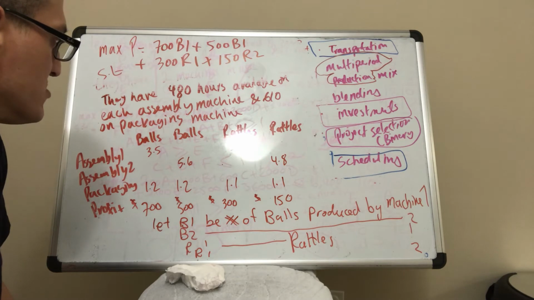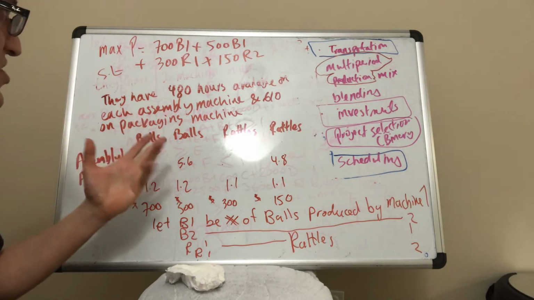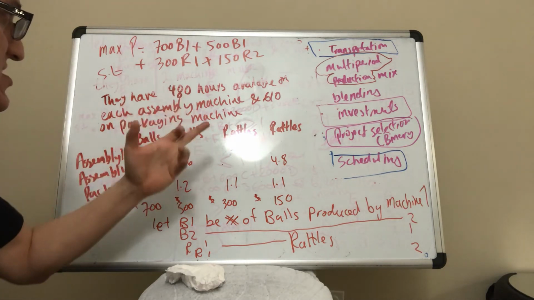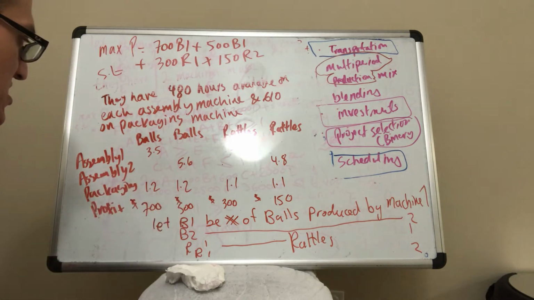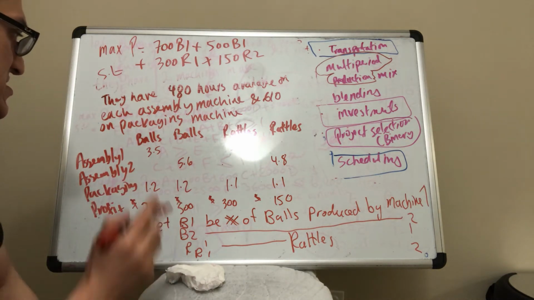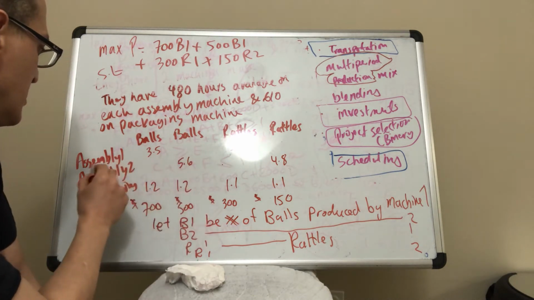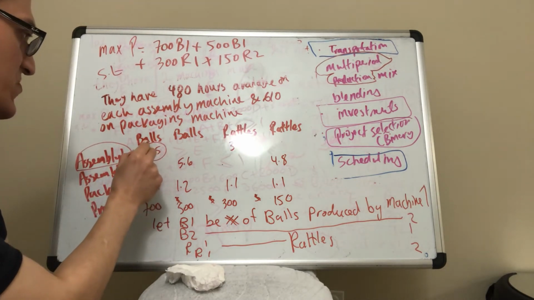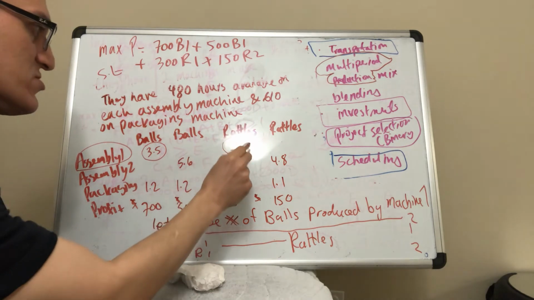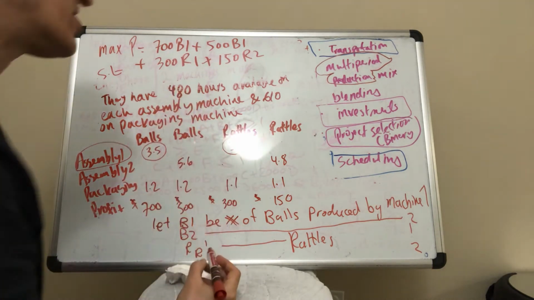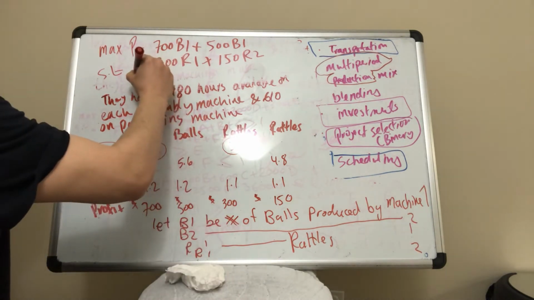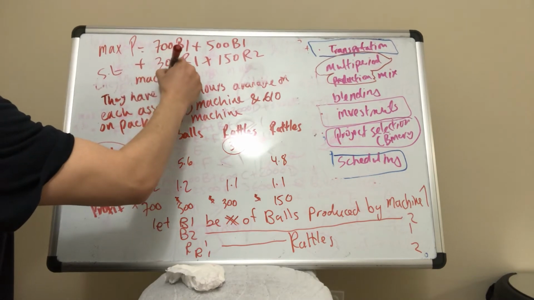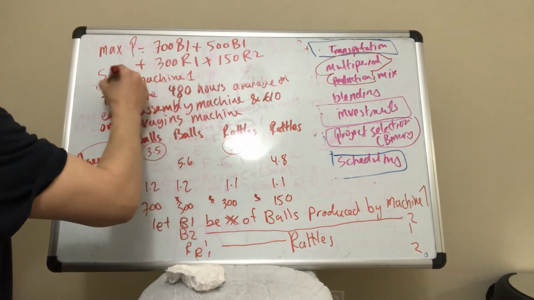The first subject to will look at the fact that they have 480 available on each assembly line. You see the assembly line? Assembly 1, for example, they need 3.5 for a ball. They need 3 hours to do a rattle, available 480. So I'll start with machine 1, or assembly machine 1.